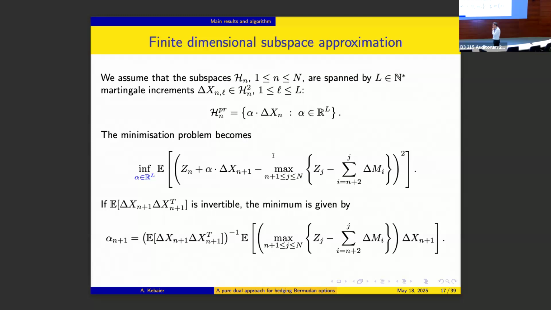Exactly. That's true. There in the numerics, maybe there are hints that will help you to have a more appropriate answer.